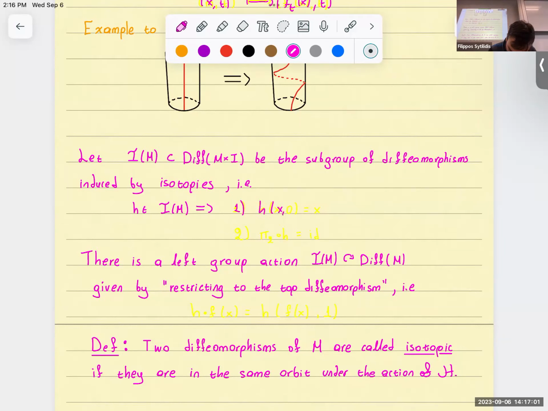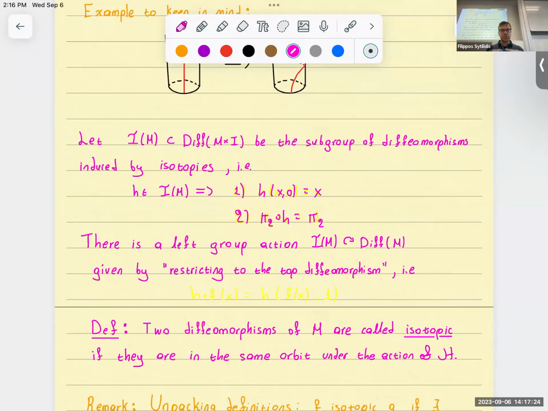The first is that H of x comma 0 is x, and the second is that if I post-compose H by the projection to the I factor, that's the same thing as projecting to the I factor to begin with. That's the level-wise preserving condition.